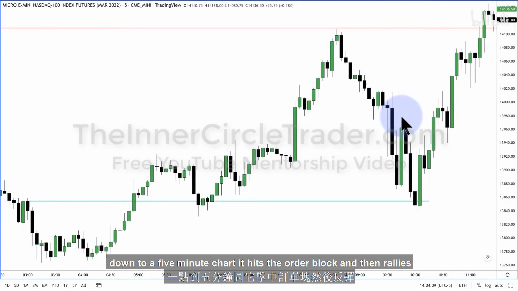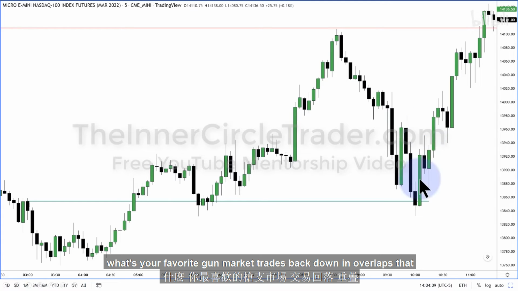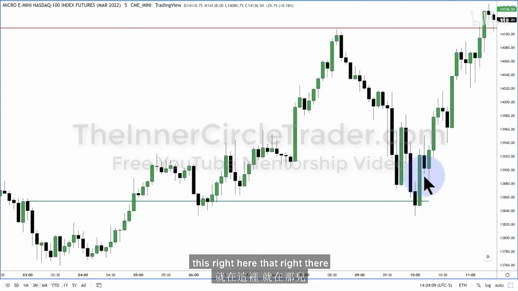Down to a 5-minute chart. It hits the order block and then rallies. What is this? It's your fair value gap. Market trades back down and overlaps that gap between this candle's high and this candle's low.